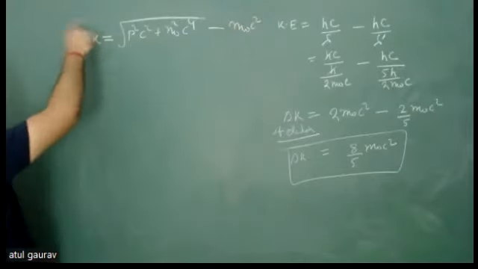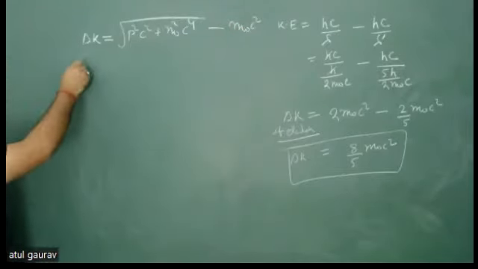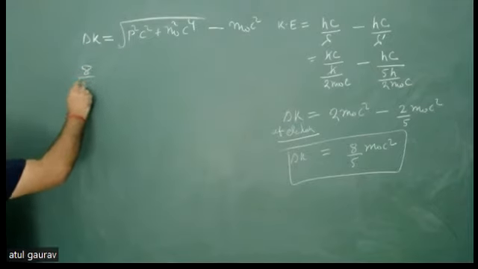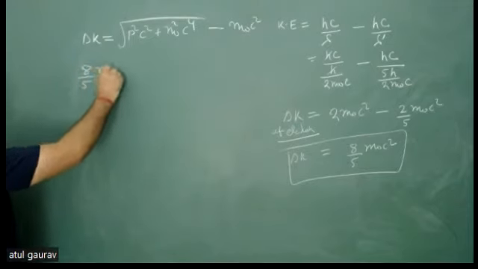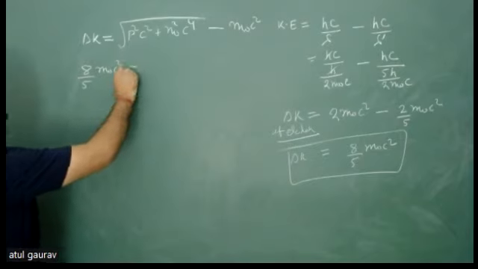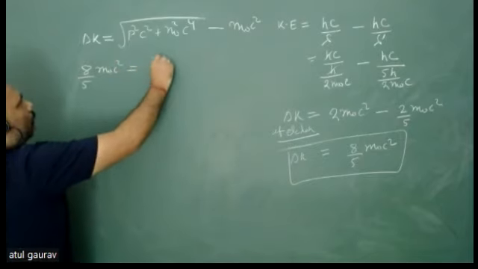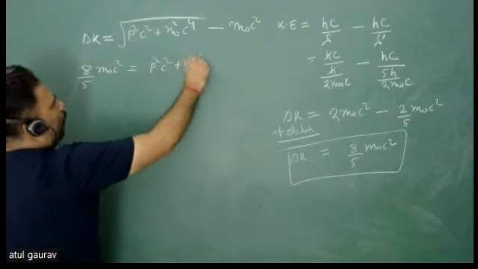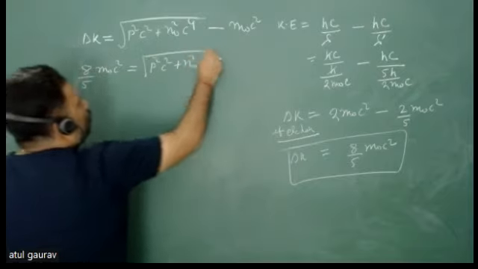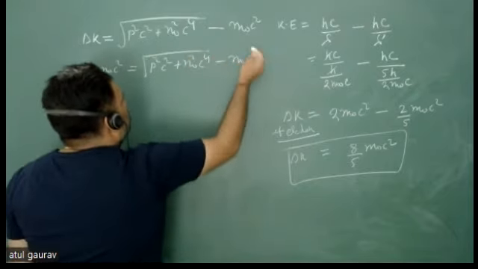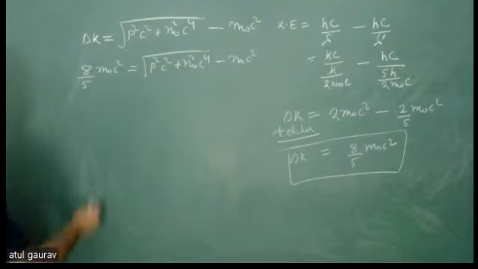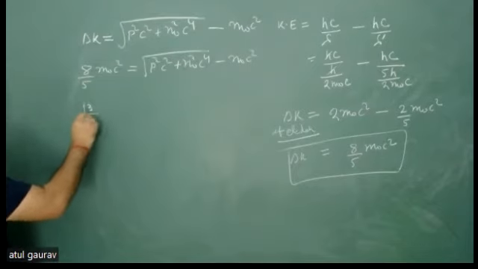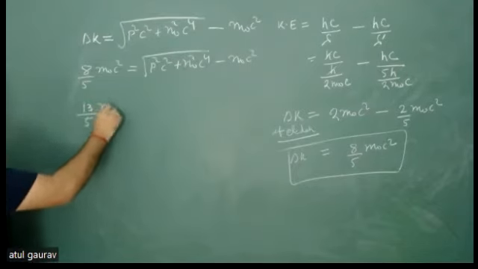And you have the kinetic energy. What is your kinetic energy? 8/5 m naught c square is equal to the square root of P square c square plus m naught square c4 minus m naught c square. You can take it on this side. What will be this value? 13/5 m naught c square.